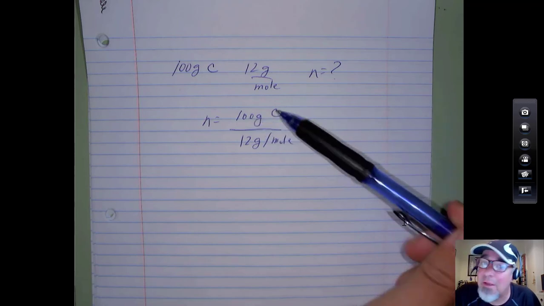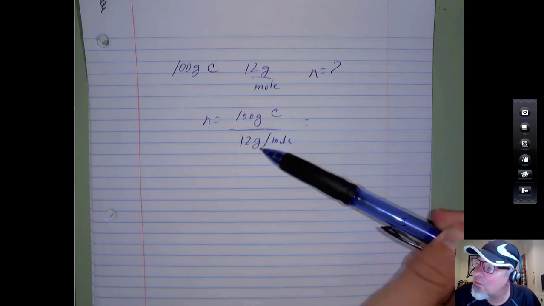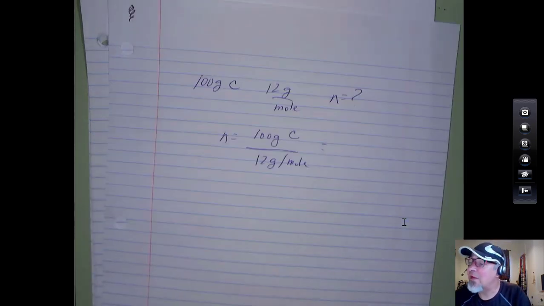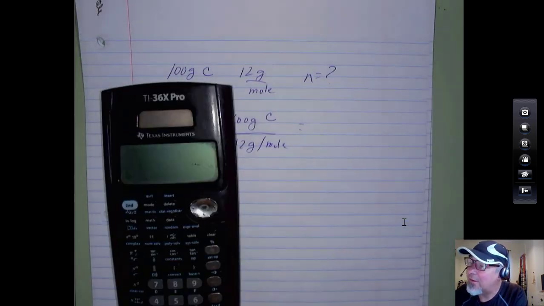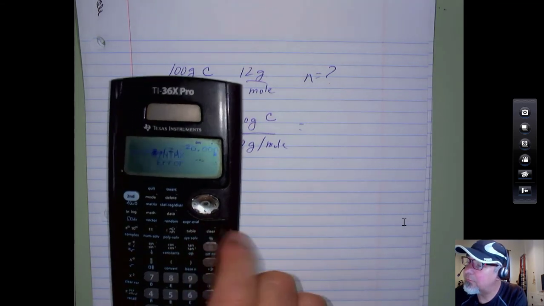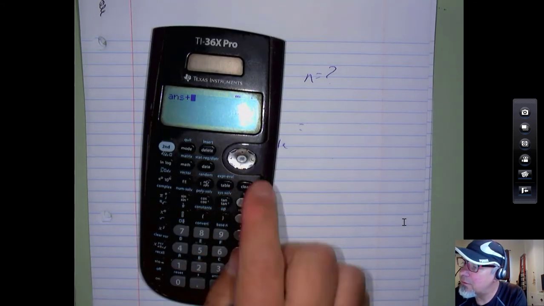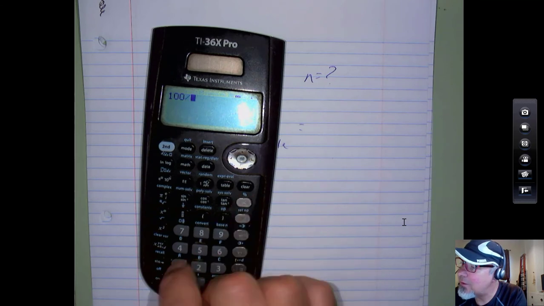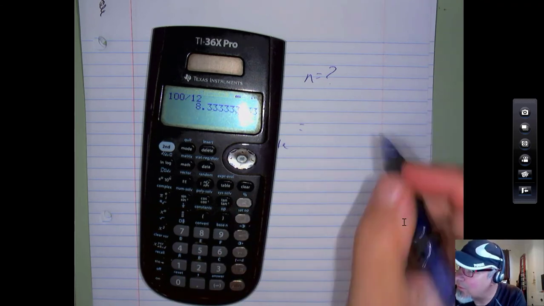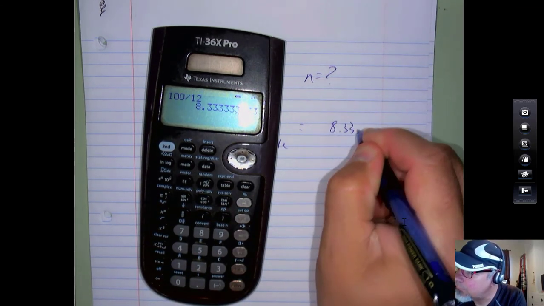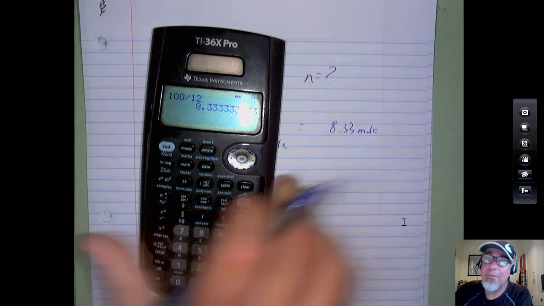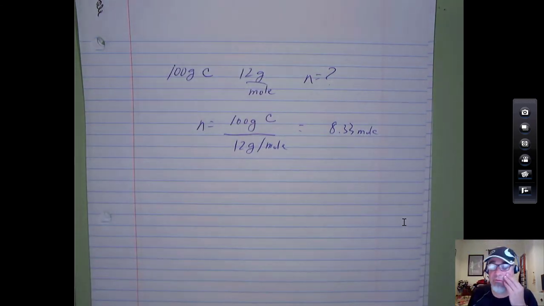So 100 grams of carbon divided by 12 grams per mole. This will tell you the amount of moles we have. So 100 divided by 12, so about 8.33 moles. And that's of carbon. So you have to do the same thing for lead and do the same thing for the H2 gas.